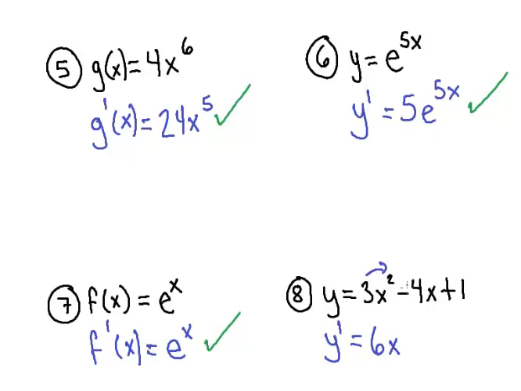I multiply this with the exponent and I subtract 1 from this. Then the next one, well, since this is a linear term, derivative of a linear term is just the coefficient. The derivative will be just minus 4, the x disappears. And this is a number or a constant. Derivative of a constant is 0, so I'm not going to put anything. And that will be it.